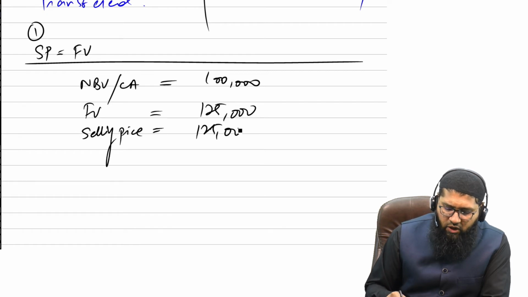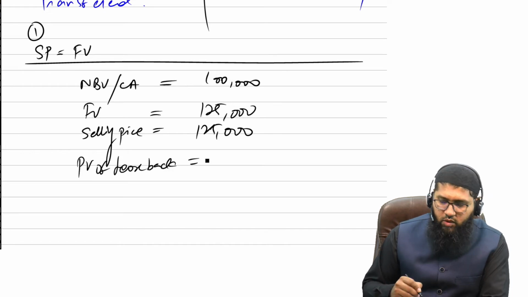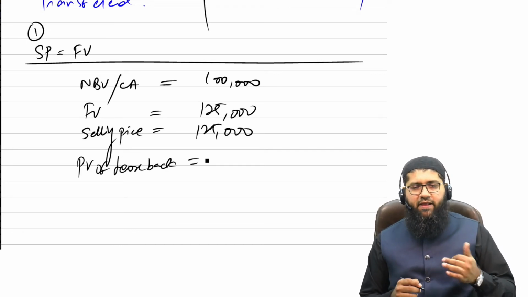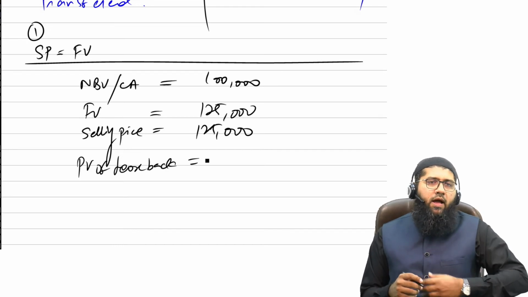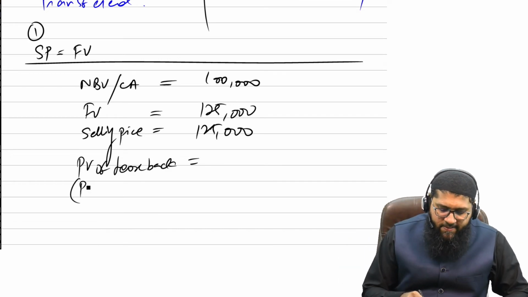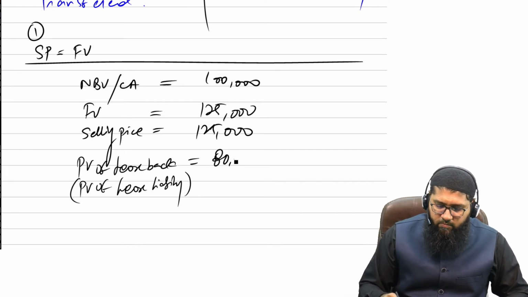The selling price is also 125,000. The present value of the leaseback transaction, like we have taken the asset back on lease, which is also called the present value of lease liability, is let's say 80,000.